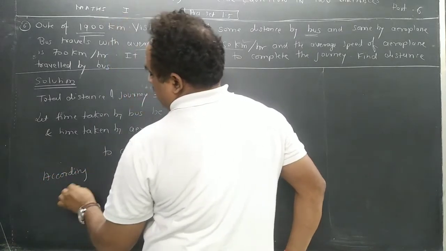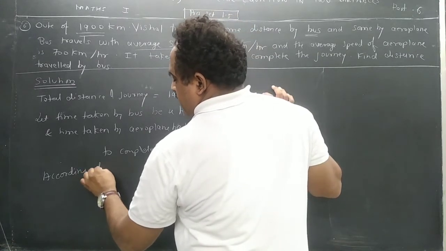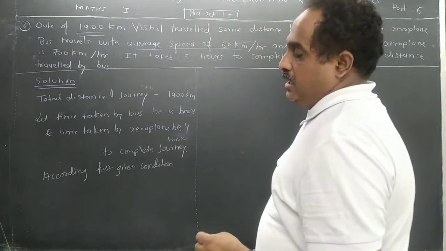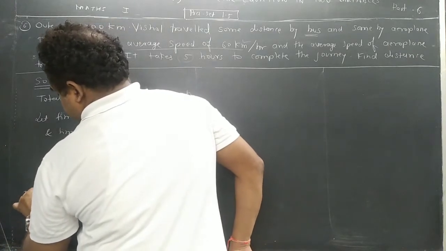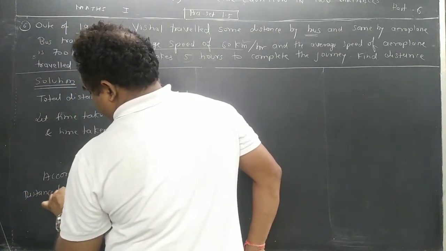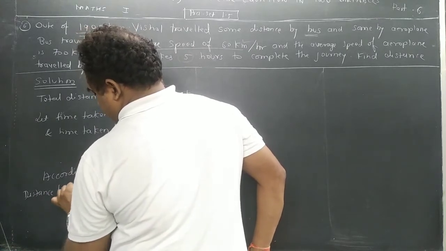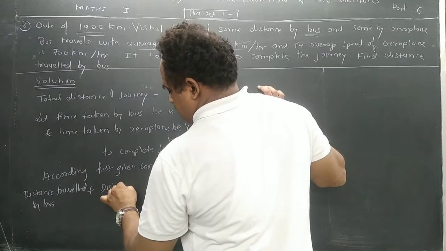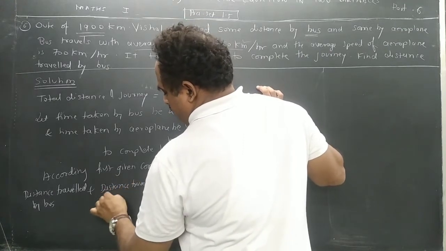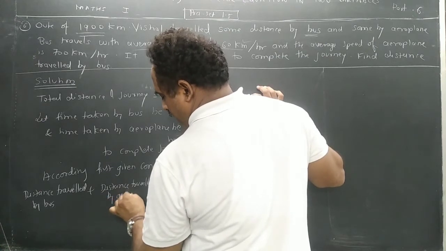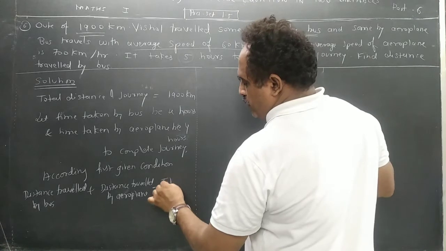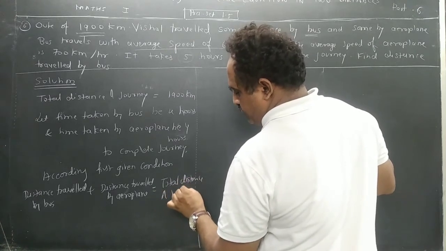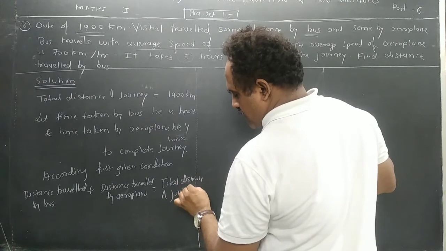According to the first given condition, I can say that distance traveled by bus plus distance traveled by aeroplane is equal to total distance of journey.